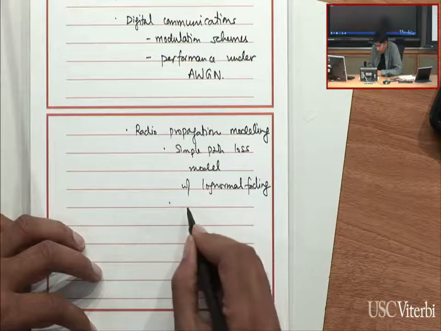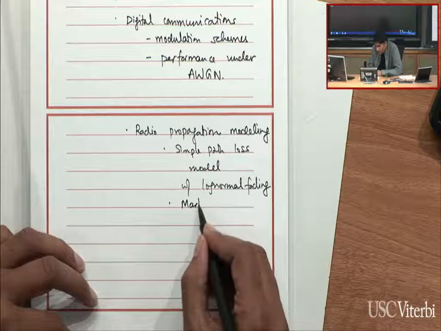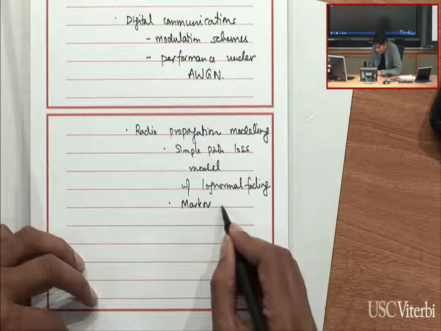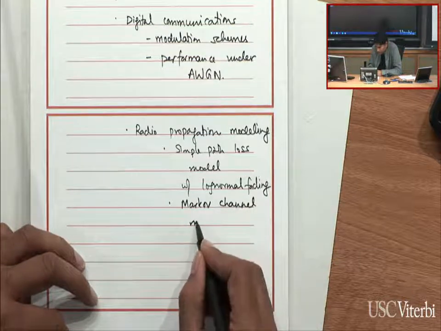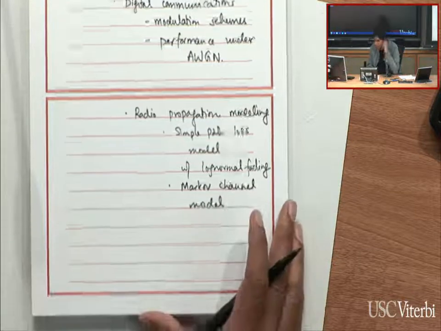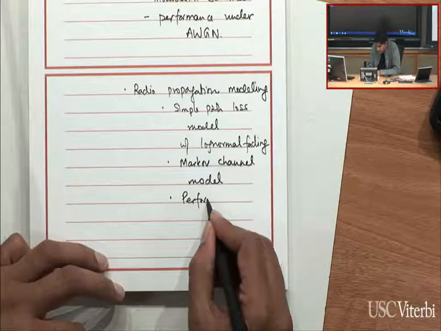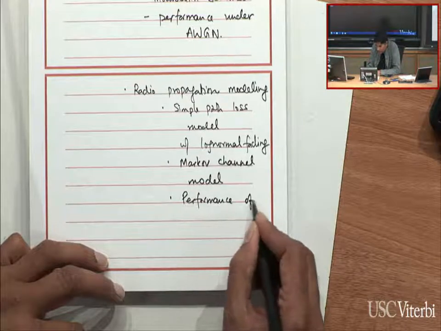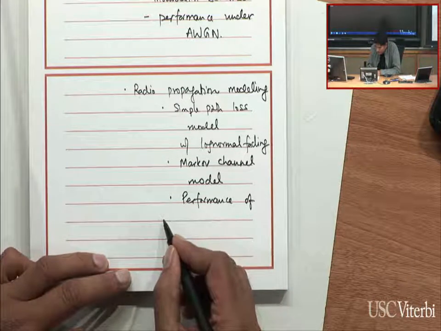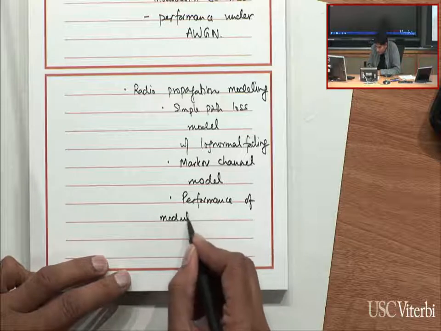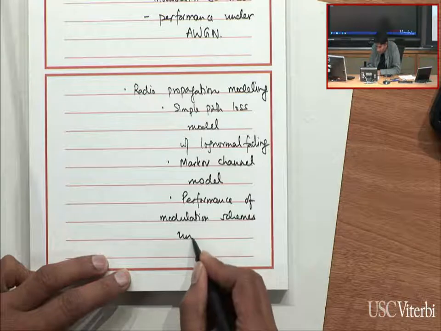I also mentioned briefly a different model which has some dynamics in it, which is a Markov chain model. And then we also talked about performance of modulation schemes under fading.